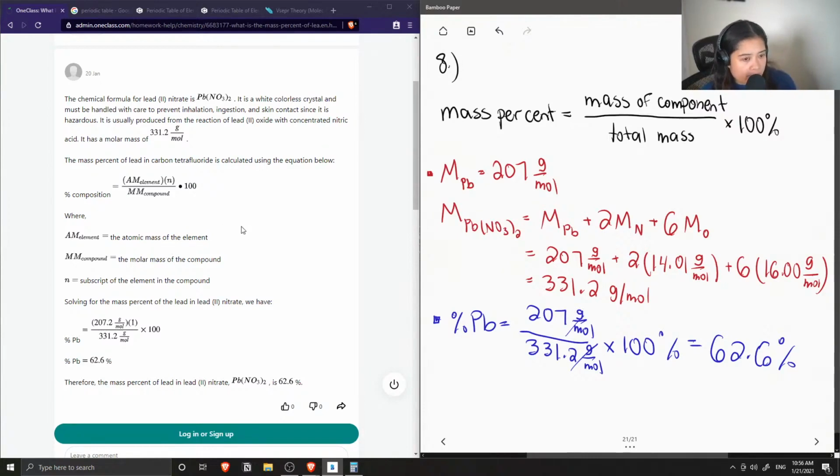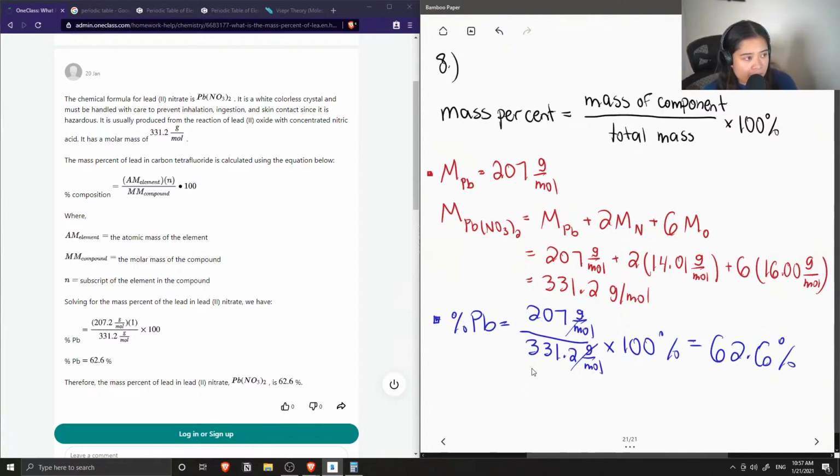So that's also a good thing to note, that when you have more than one of that element in the compound, we need to take into account the subscript of that element. For example, if we were to do the mass percentage of oxygen, it would be the molar mass of oxygen times however many atoms of oxygen are in lead nitrate.